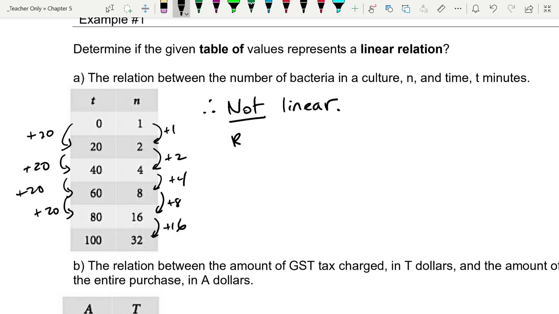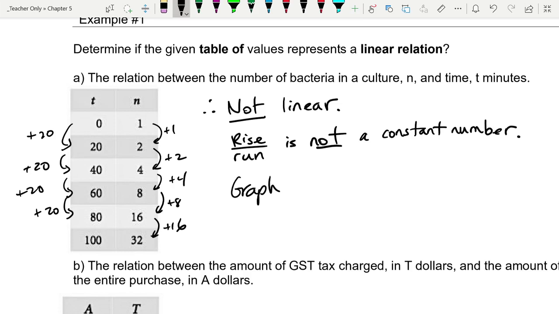Because rise divided by run is not a constant number. And what does that mean for the graph if you're not linear? You're a curve.